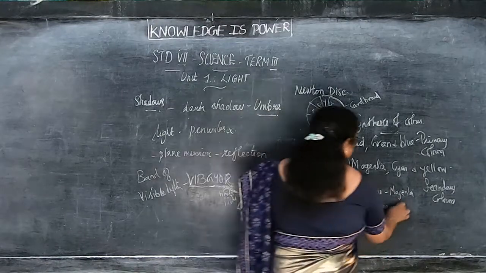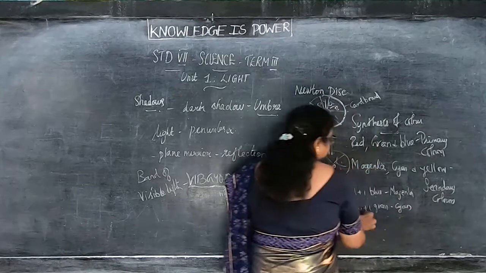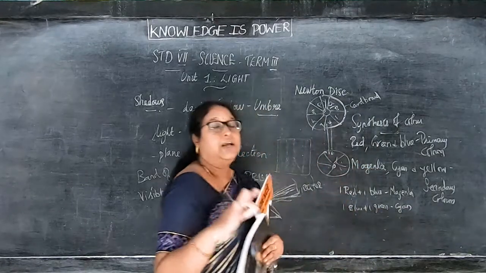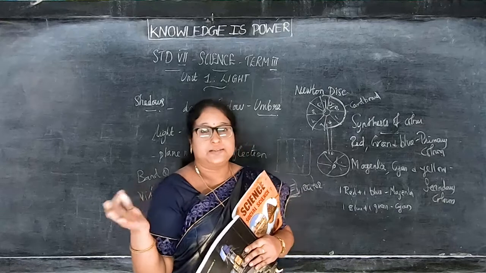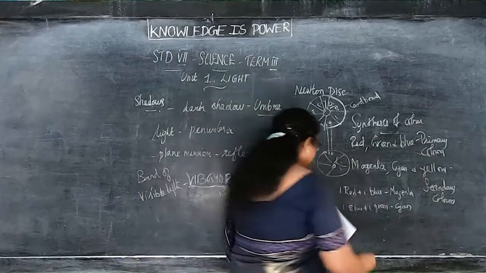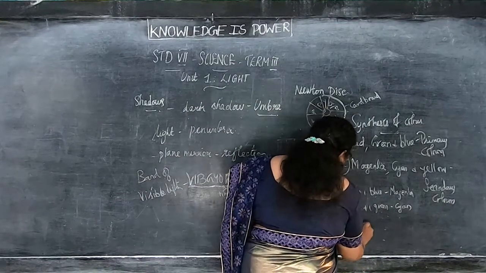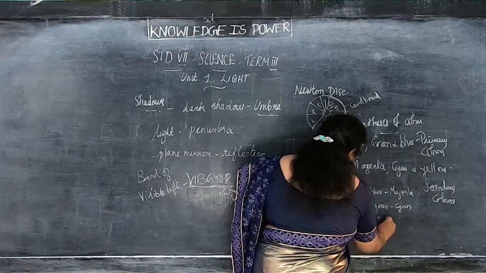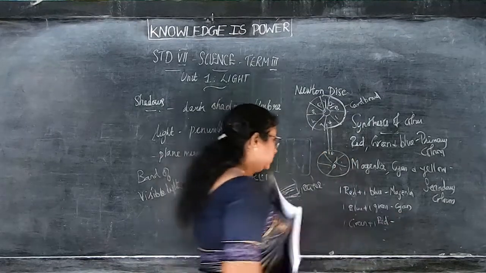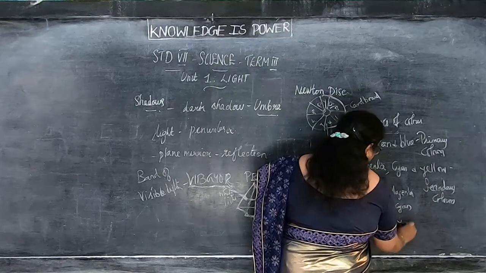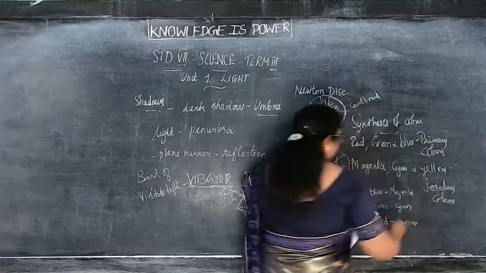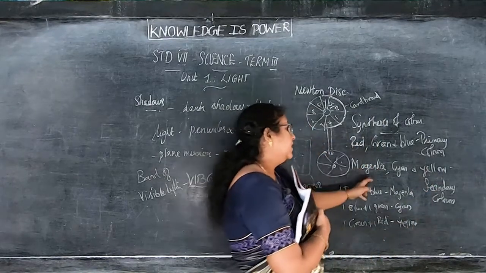Cyan means what I said? Greenish blue. This green and blue, if you combine, you get greenish blue, or we can say cyan. Okay, next is 1 green plus 1 red gives you yellow. So this is primary colors and this is secondary color.